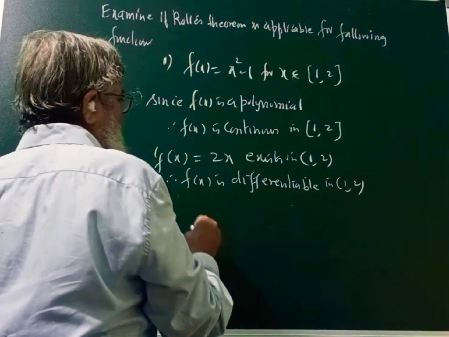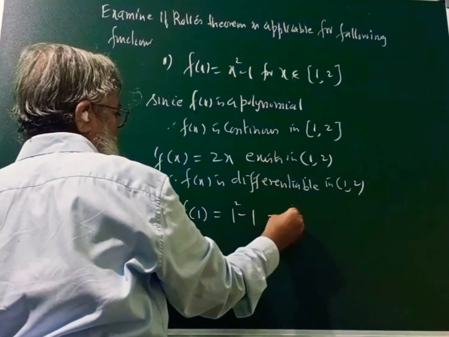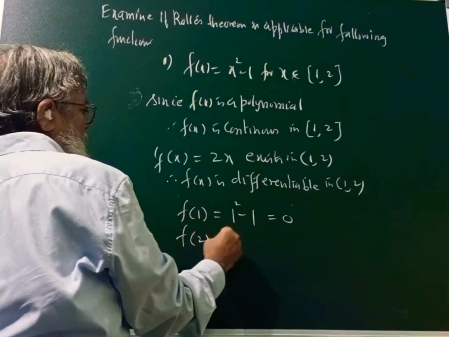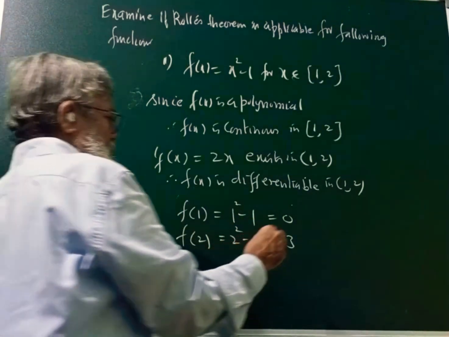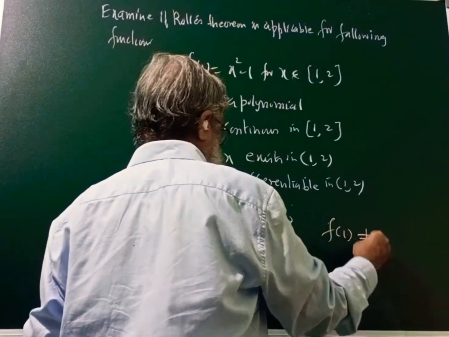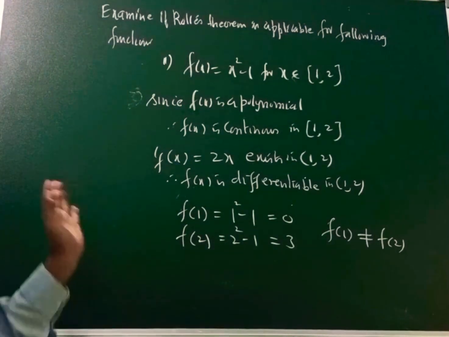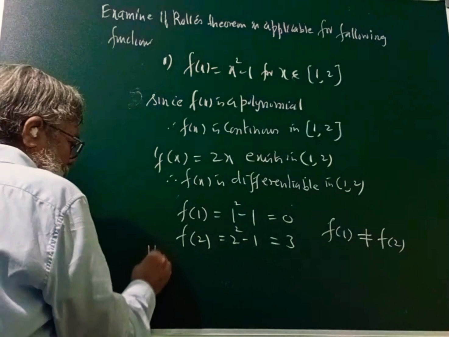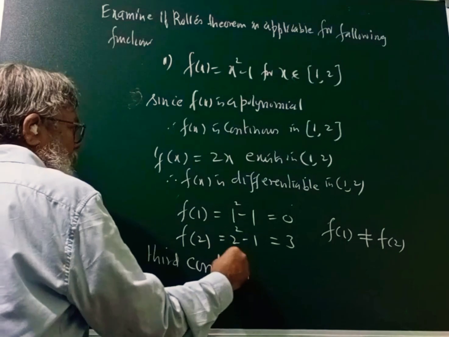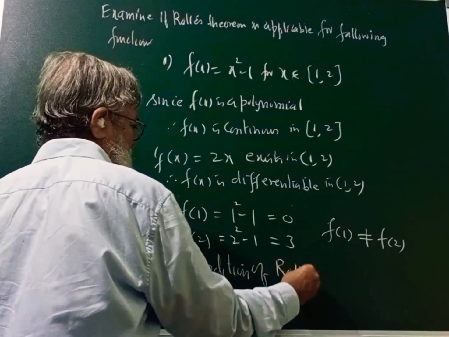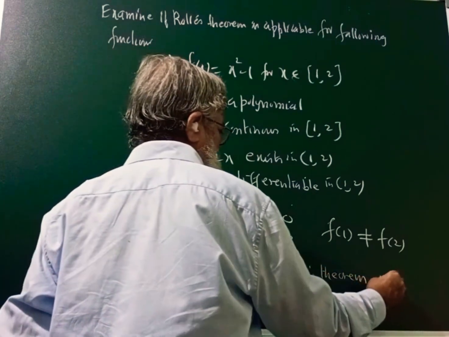Let us see the third condition. f(1) is equal to 1 square minus 1, that is equal to 0. f(2) is 2 square minus 1, that is equal to 3. So you see here, f(1) is not equal to f(2). The third condition of Rolle's theorem is not satisfied.